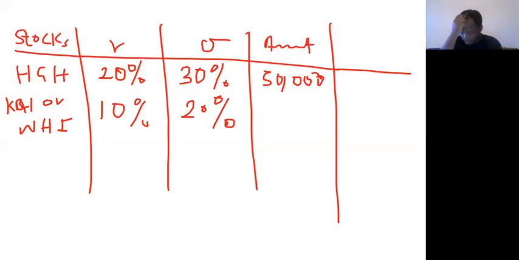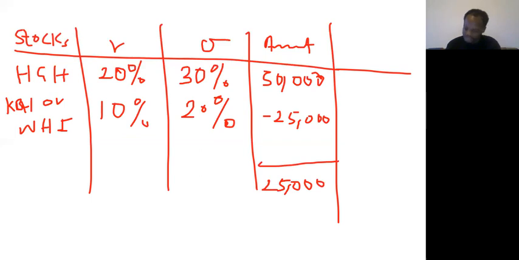Anytime you hear of shorting, that means the position is going to be negative. So we have to short it by 25,000. So that means when I add this, I will still have my 25,000, which is the amount that I have. So the weight of AGH is 50,000 divided by 25,000, which gives me 2, and this one will give me minus 1. So when you sum up the weights, that equals 1.